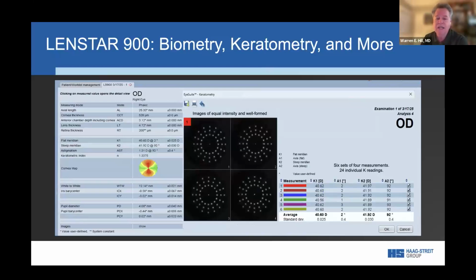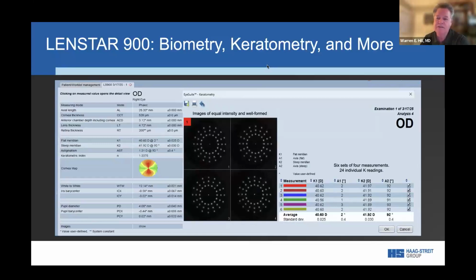And if we click on one of the K measurements, then you get this map, and you can work your way through all 6 measurements. If one, let's say measurement number 5, has some smeared images and doesn't look good, you can just uncheck it and take it out of play.